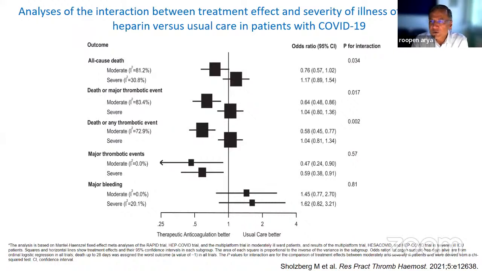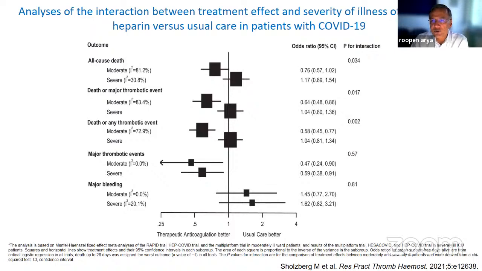So number needed to treat was, I think, 25 to reduce organ support and over 100 to improve survival.